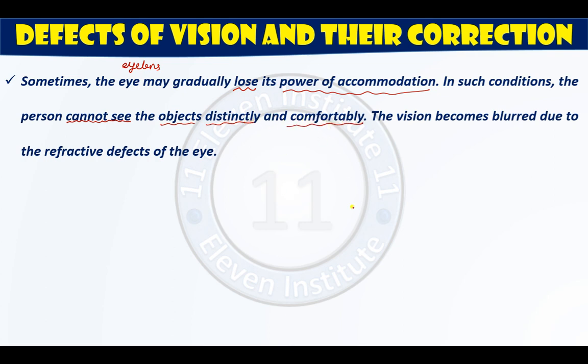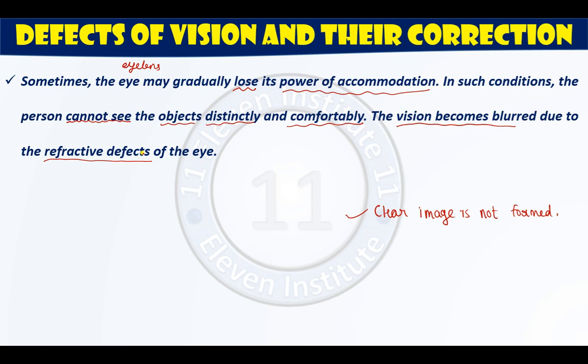In other words, a clear image is not formed. Why is it not formed? Because there is loss of power of accommodation by the eye lens. Thus, vision becomes blurred due to refractive defects of the eye.